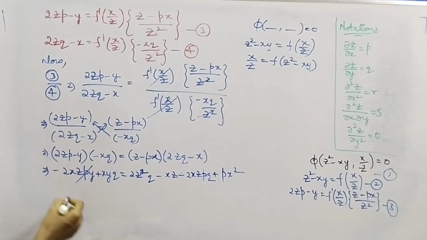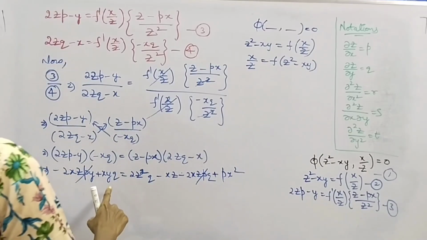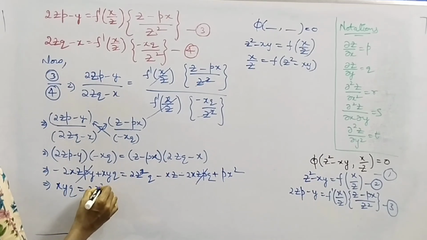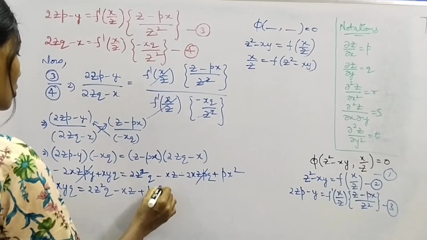So here minus 2xzpq gets cancelled from LHS and RHS, and you'll have xyq equal to 2z²q minus xz plus px².